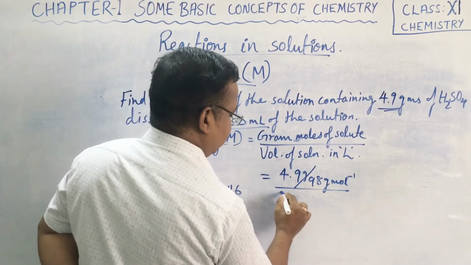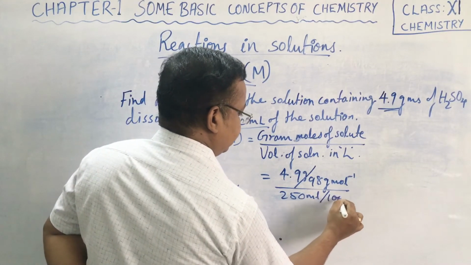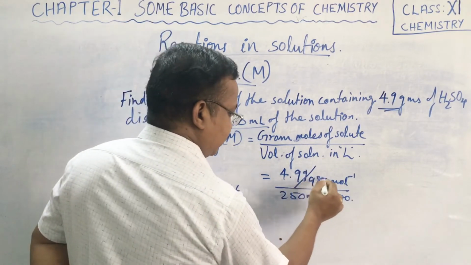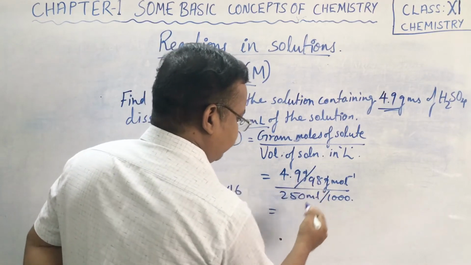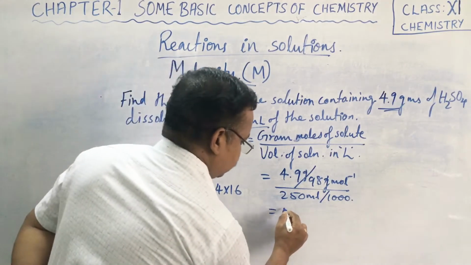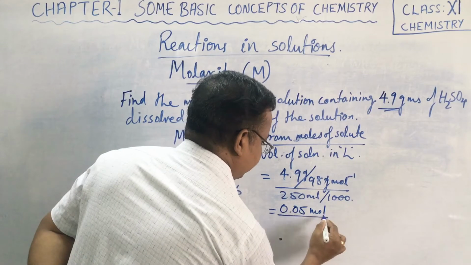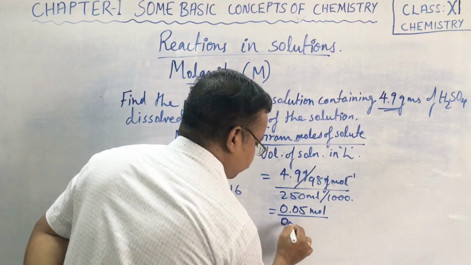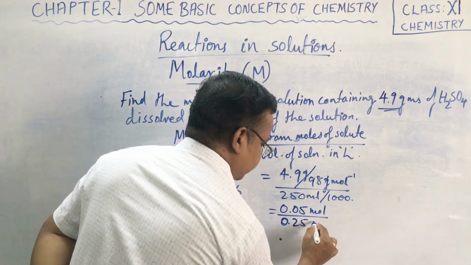We have 250 ml divided by 1000. Here the gram and gram cancel out. So 4.9 divided by 98 we get 0.05 mole, divided by 250 divided by 1000, which gives 0.25 liters.